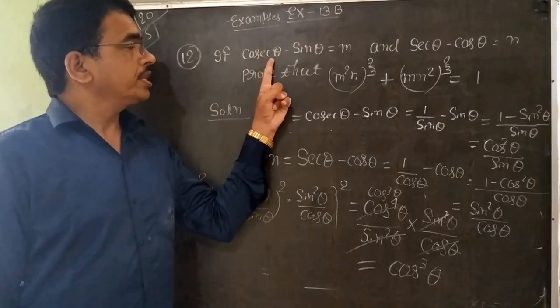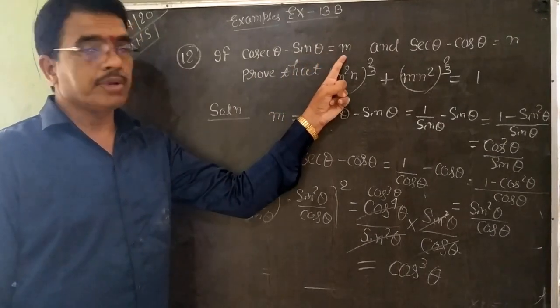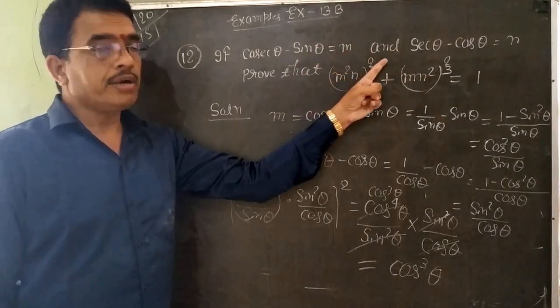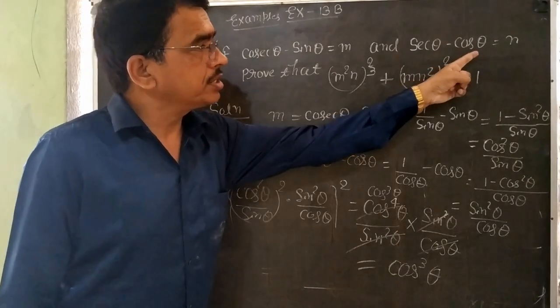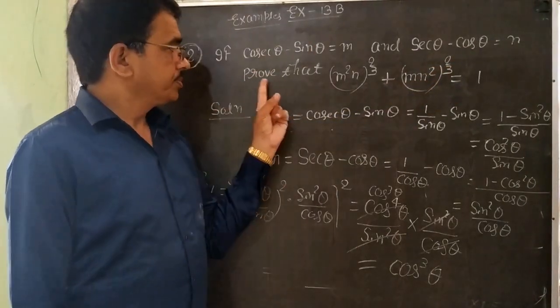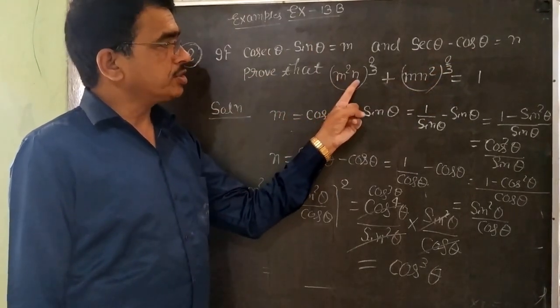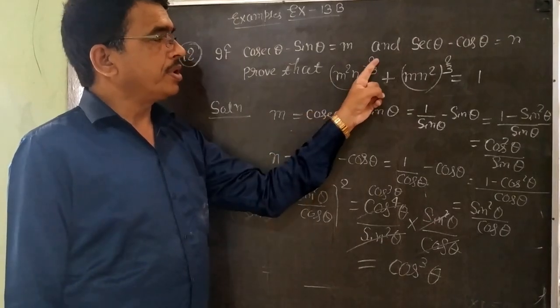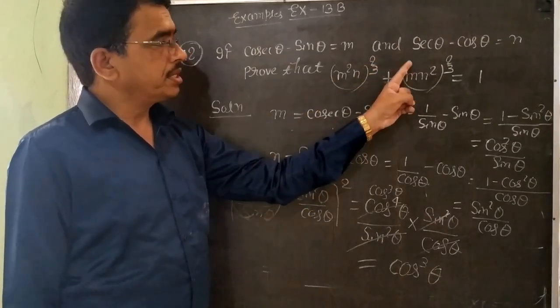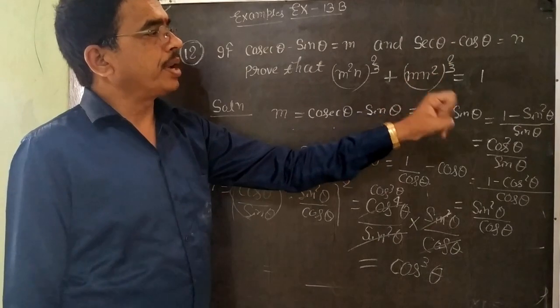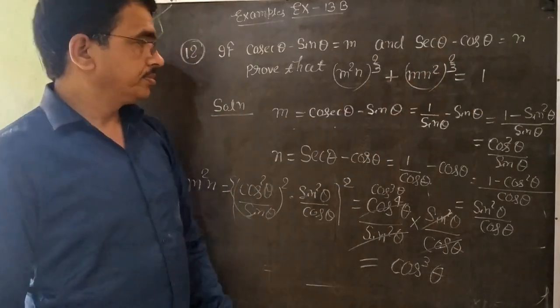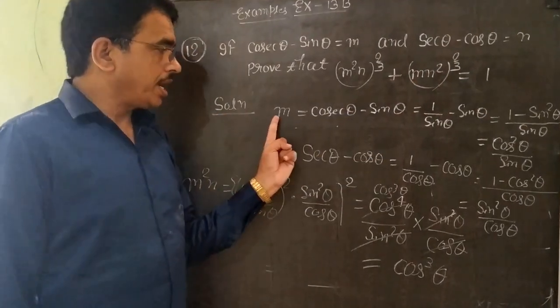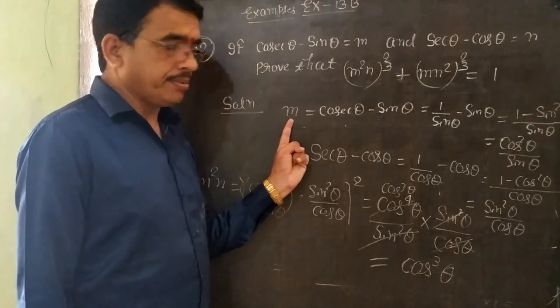If cosec theta minus sin theta is equal to m and sec theta minus cos theta is equal to n, then prove that m square n to the power 2 by 3 plus m n square to the power 2 by 3 is equal to 1. Dear student, first I write the value of m.